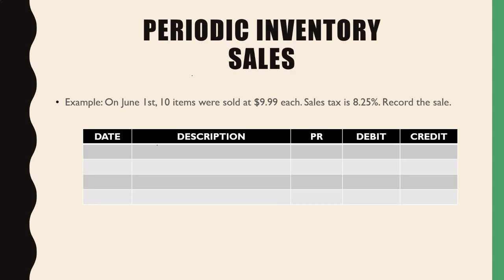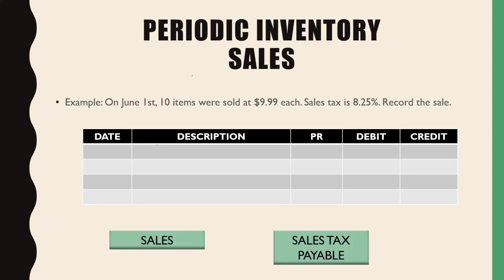The second thing that you're going to recognize is going to be sales and sales tax payable. Now, sales. What kind of an account type is sales? It's a contra account. It's not a contra account. I'm talking about the account type.